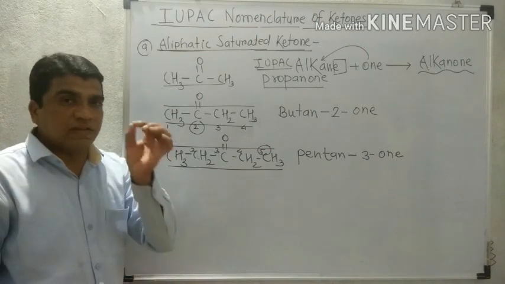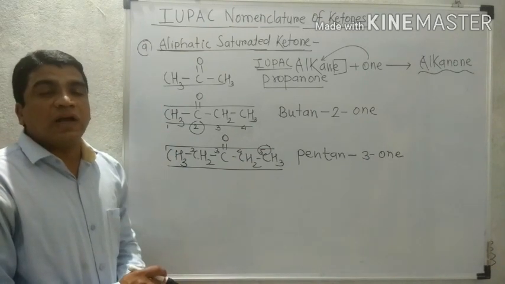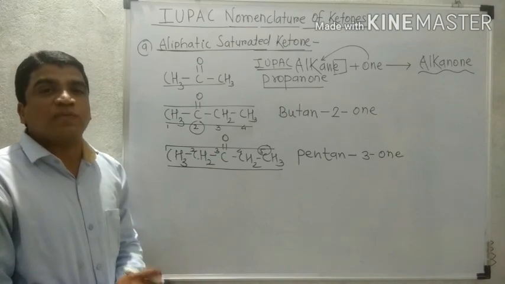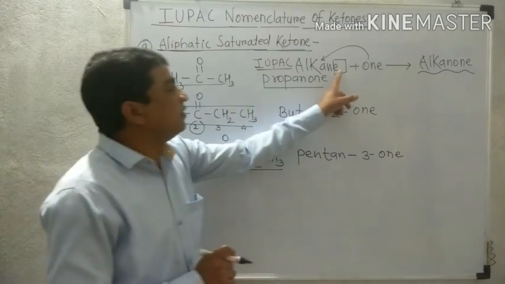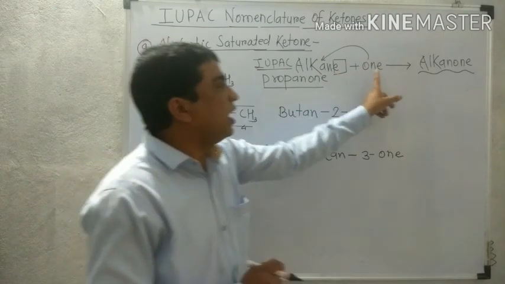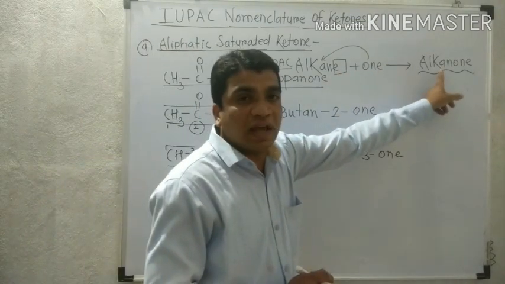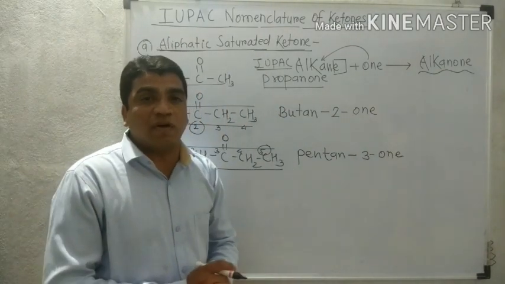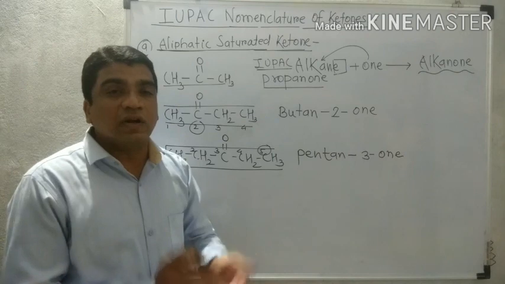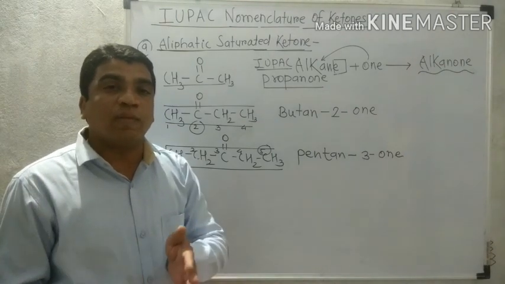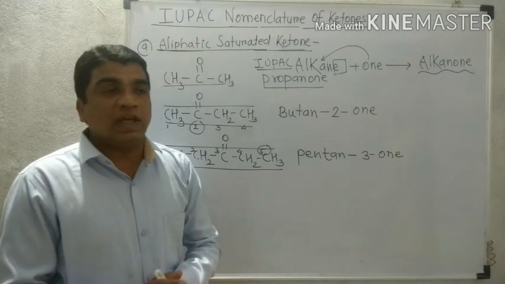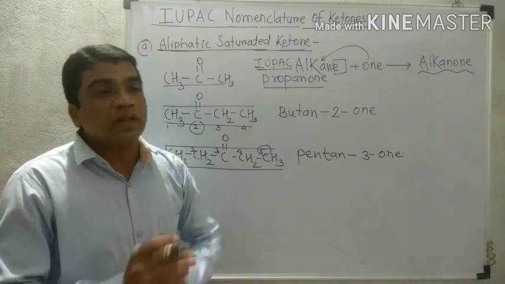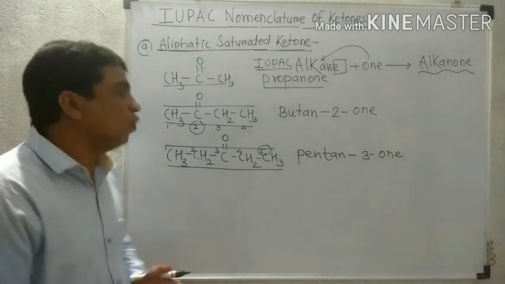It means the simple rule is that the IUPAC name of a ketone is obtained from the name of the corresponding alkane by replacing the ending E of the alkane by adding ONE. But for higher aliphatic saturated ketones, the position of the C double bond O goes right before ONE. Therefore, after the alkane, write the position of the C double bond O, then write the ending ONE.